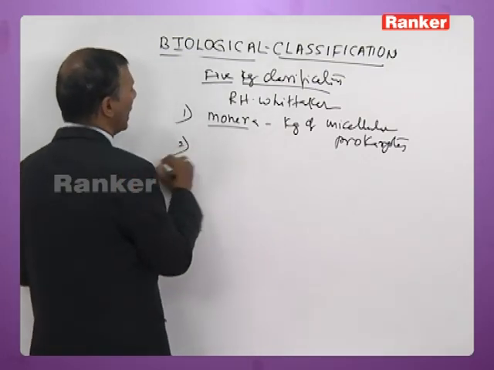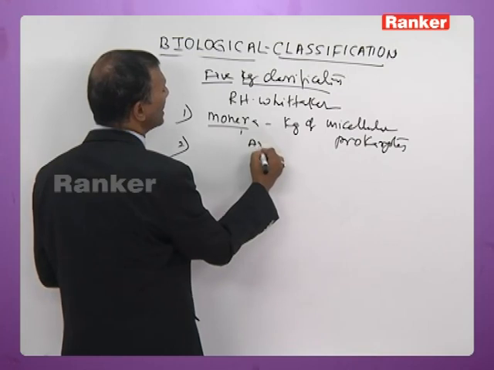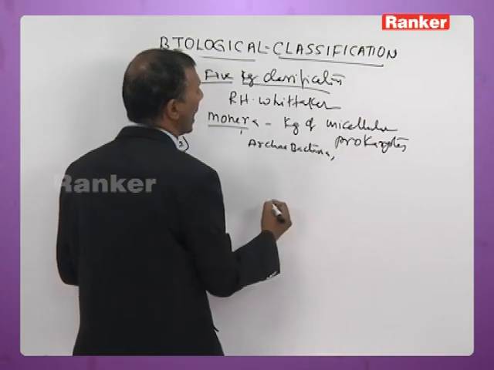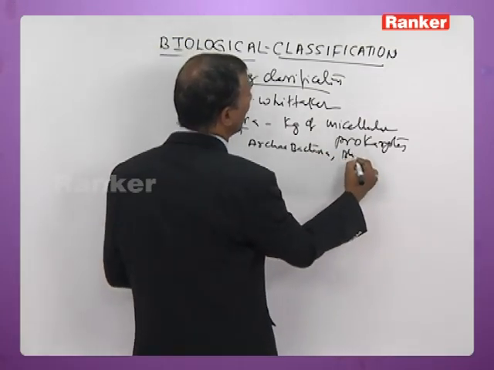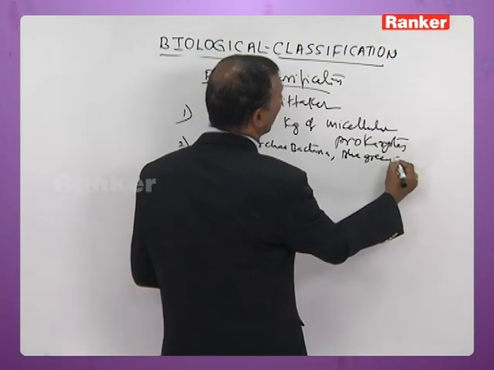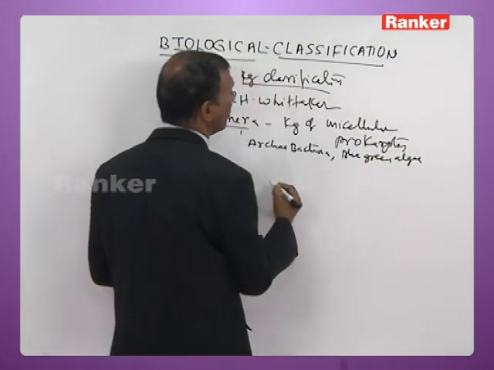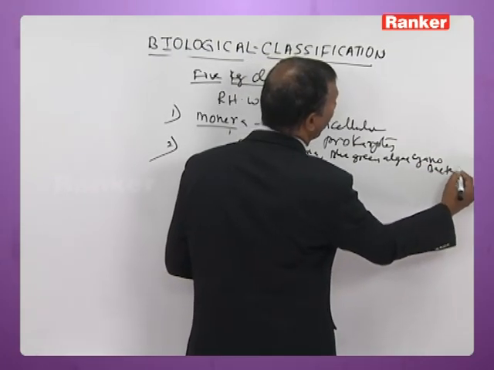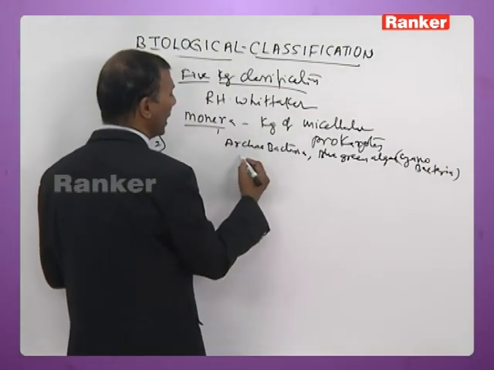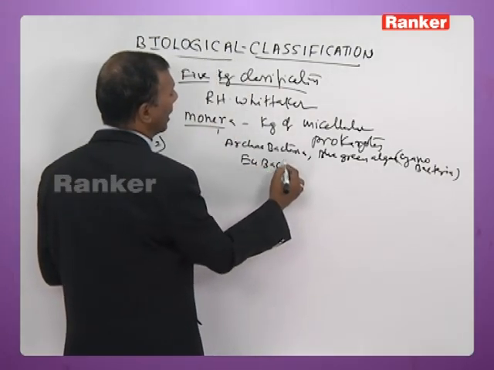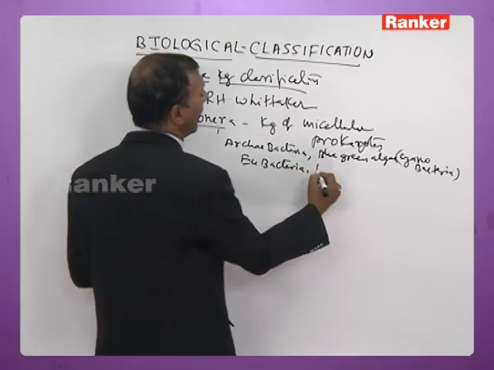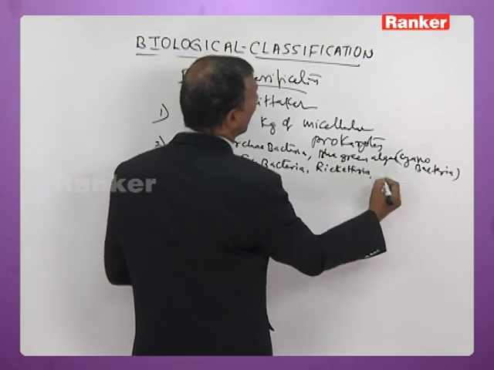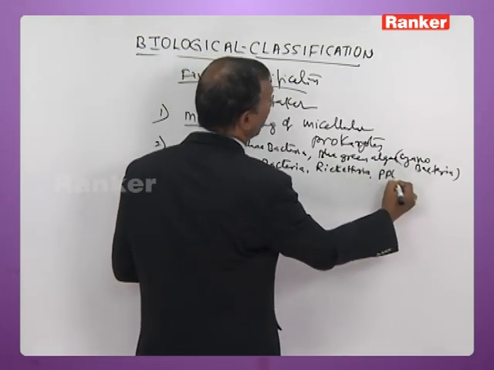Monera includes Archaebacteria, blue-green algae, that is cyanobacteria you call them, eubacteria, rickettsia, PPLO.